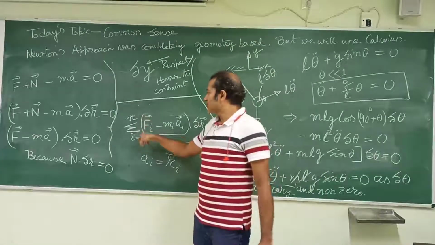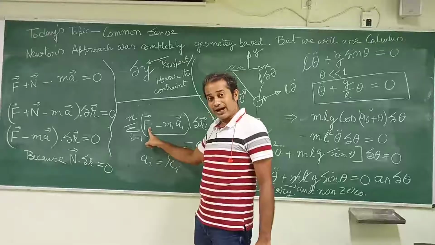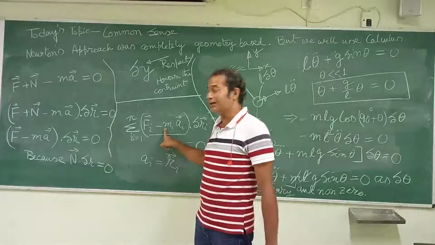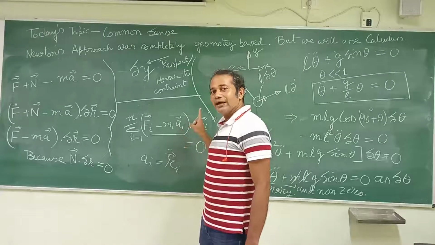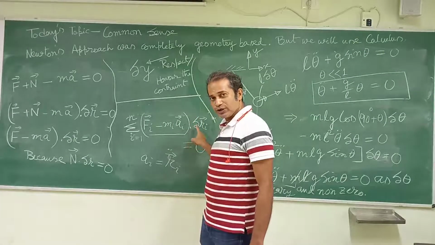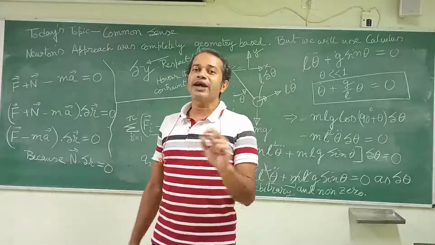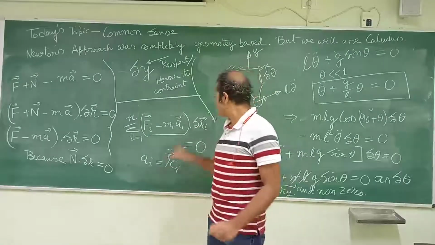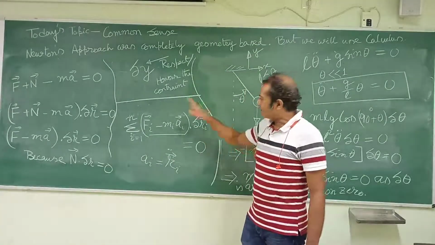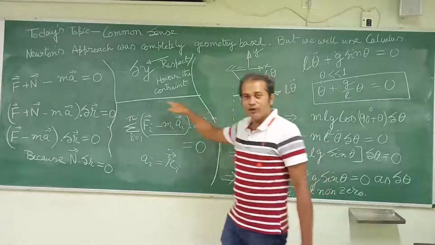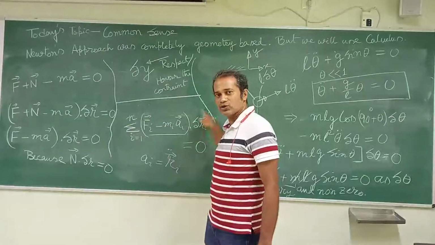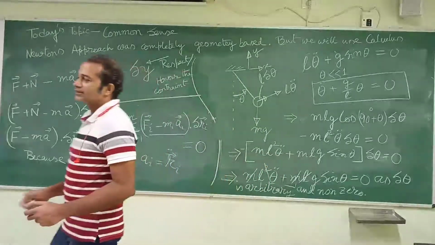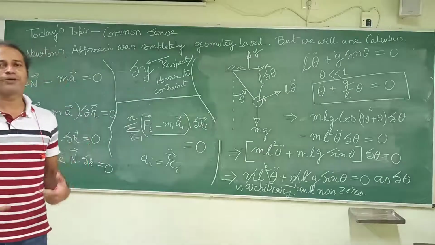So for that, the summation is going to be F_i, the forces acting on the ith particle, minus mass of that ith particle times acceleration, which is to be dot product with the virtual displacement. That means you are trying to perturb the equilibrium by a virtual displacement of delta r_i, and the total work done of all these particles altogether is going to be 0. So from there we can get the dynamical equations as per our need.